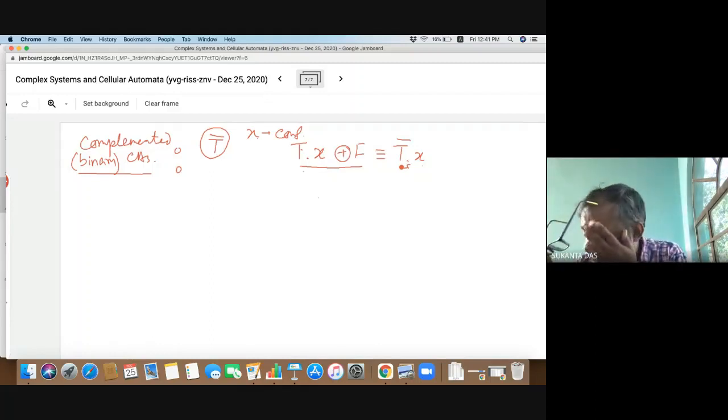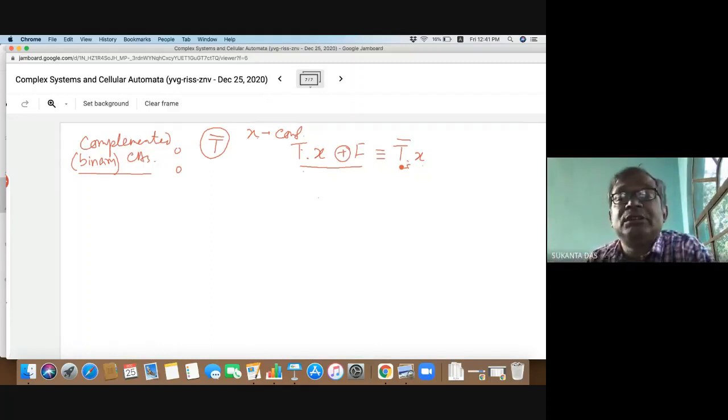So let us prove this one. Before the proof, I have derived one expression like this. So this is T, then T square X. What does it mean? I shall apply it twice.